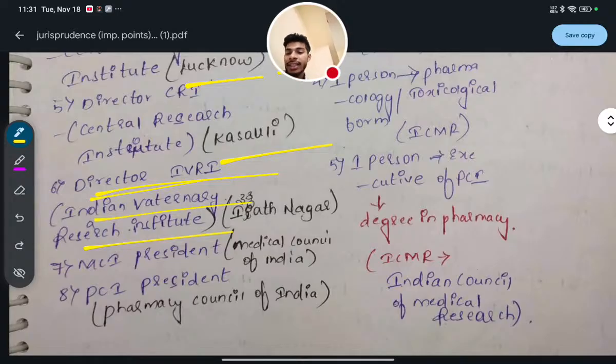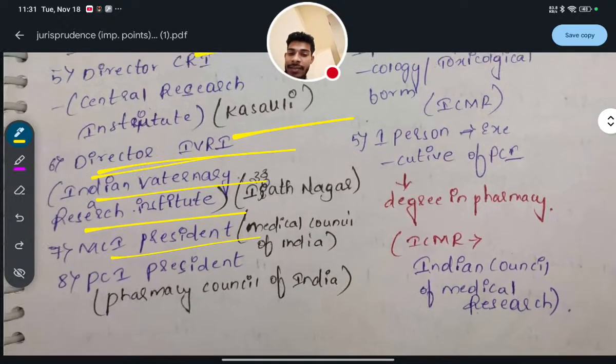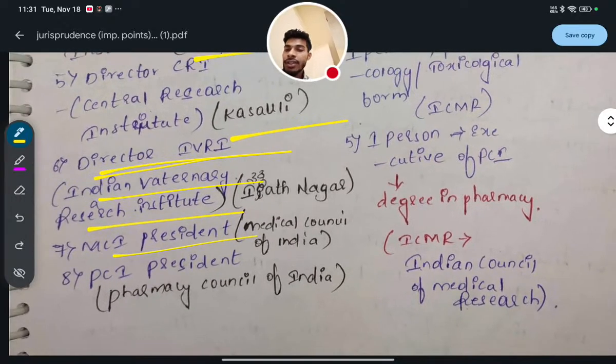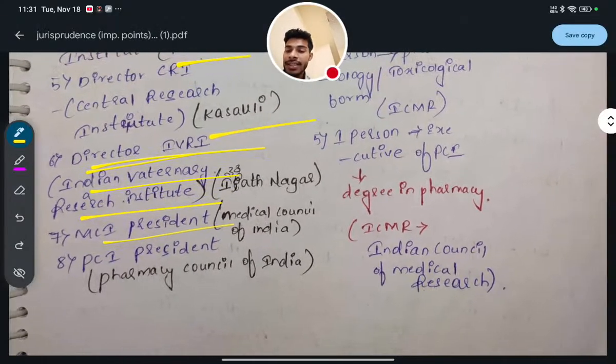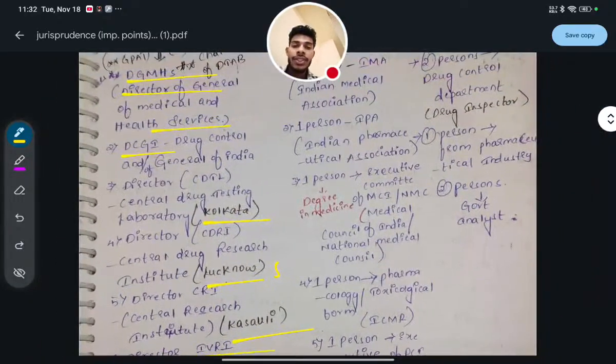Next, the MCI president, Medical Council of India. Number 8 is the PCI president, Pharmacy Council of India. These are the 8 ex officio members.